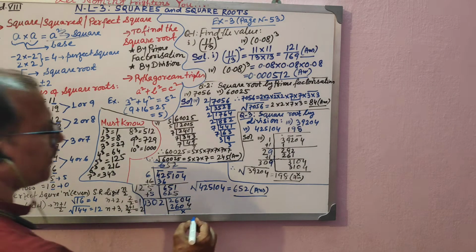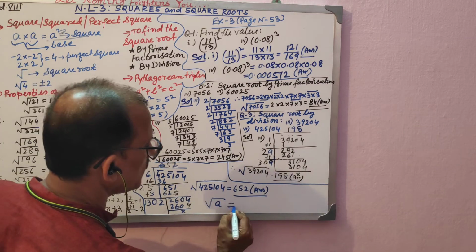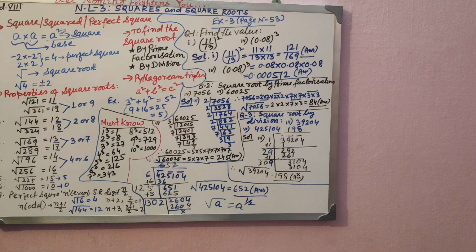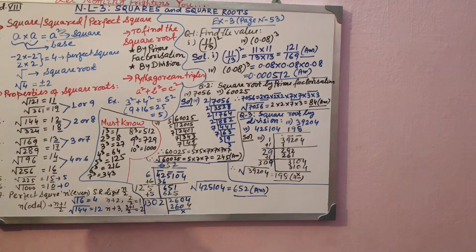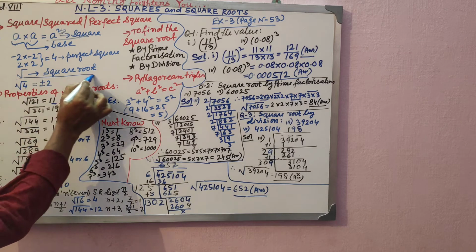And square root means what? Anything to the power square root means it is having the power as half. The square root of a is equal to a to the power half. Could you understand me? Now, this is the symbol of a square root.